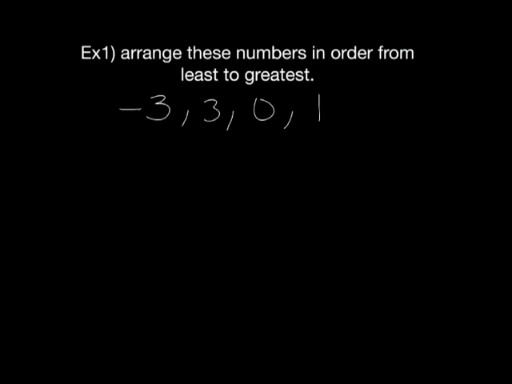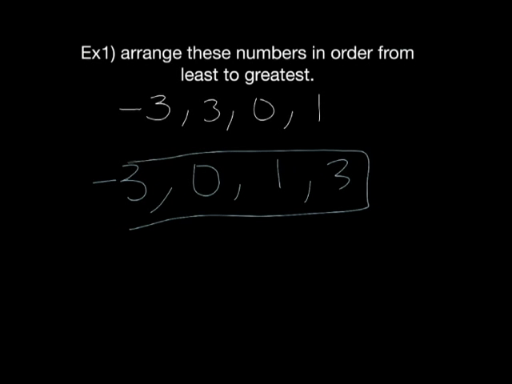So when we're looking at this example 1, we have -3, 3, 0, and 1. Which of those numbers is the smallest? -3 is. Next smallest, 0, then 1, then 3 is your answer.